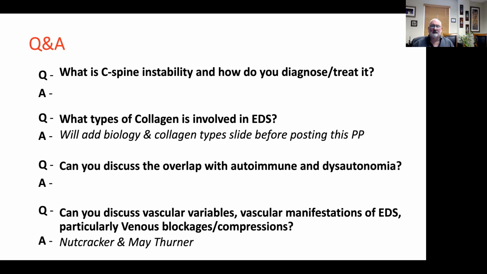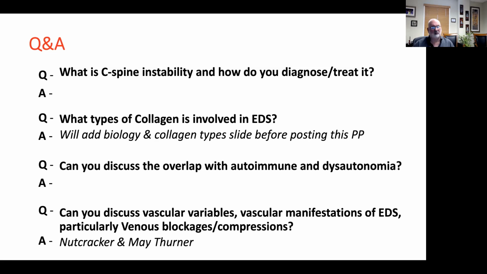Okay, great. Dr. Trevino, can you discuss the overlap with autoimmune disease and dysautonomia? So what we find is that about 50% of people have other autoimmune conditions that are associated with EDS and dysautonomia. A very common one is Sjogren's, where you have dry eye, dry mouth.